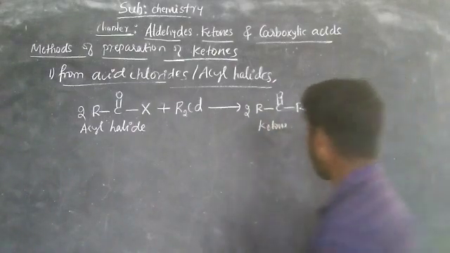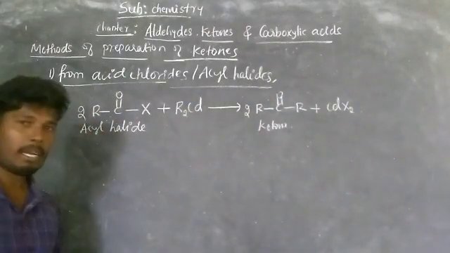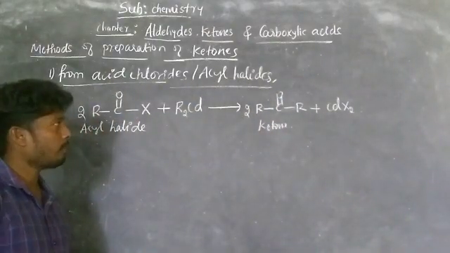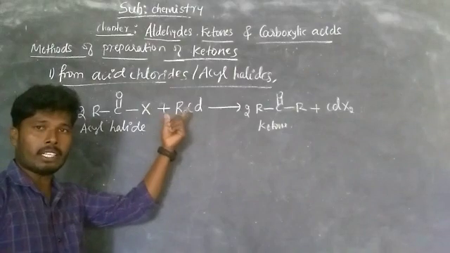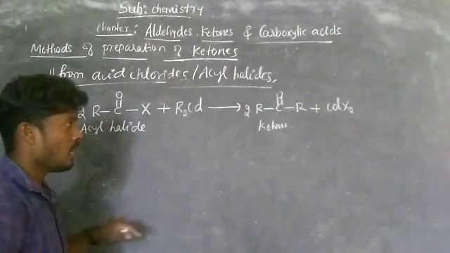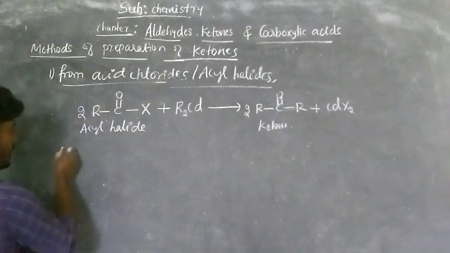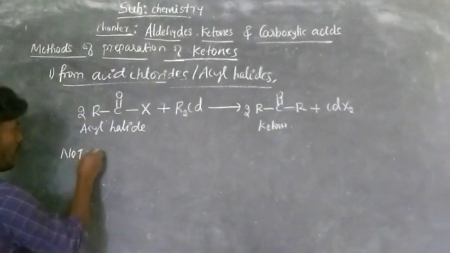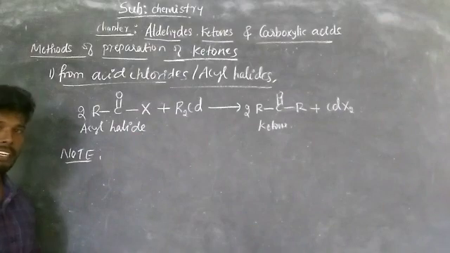Okay. Now here dialkyl cadmium we do not get directly. This can be prepared from a Grignard reagent. So how is it prepared? Take note. How to prepare dialkyl cadmium?